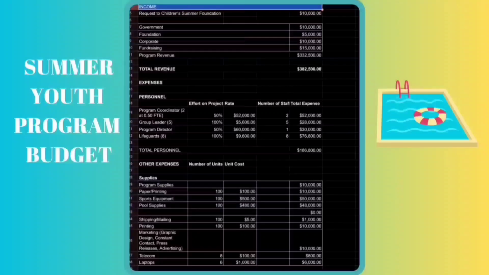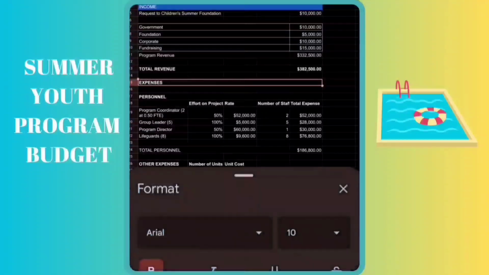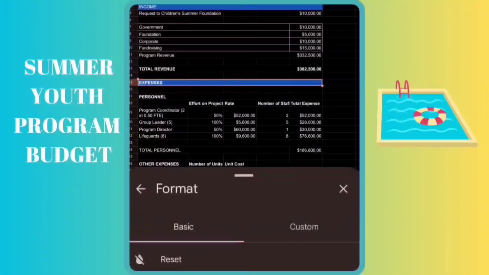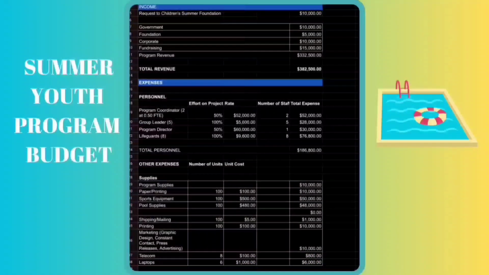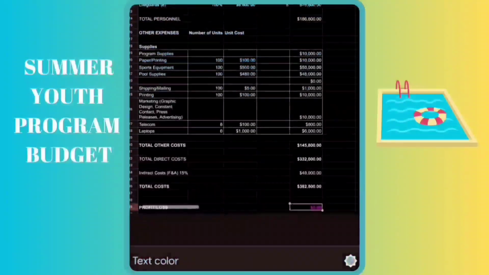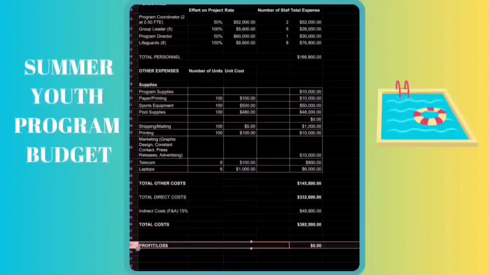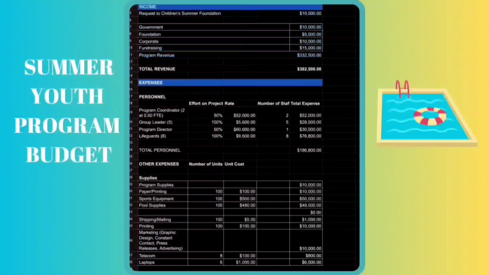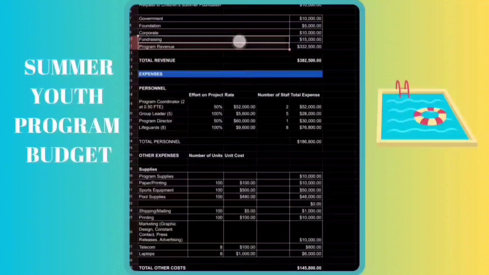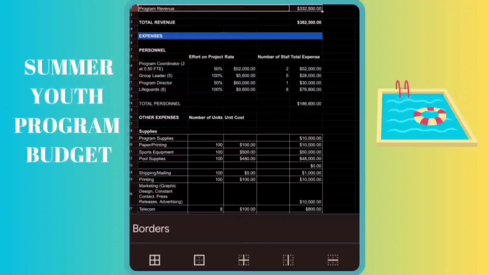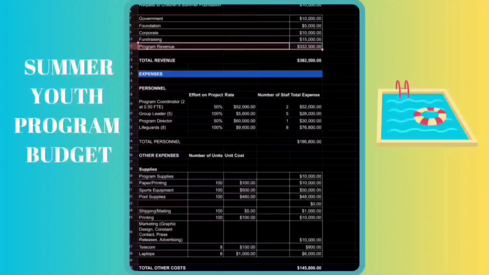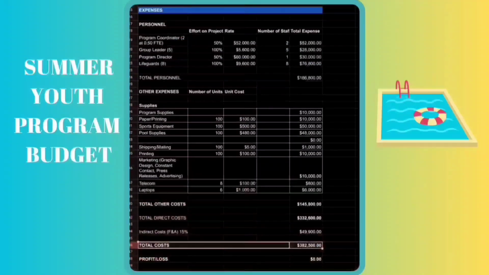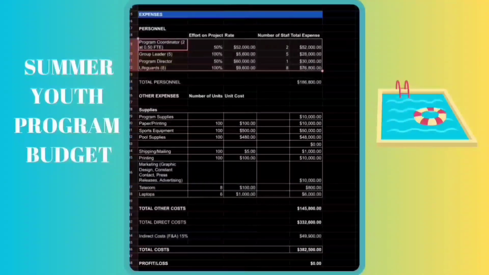Now I'm going to format some of the cells by changing the fill color of the cell. This way we can have some headers for the income and expenses. I'm going to delete some extra rows. Making sure that all my borders are still there.